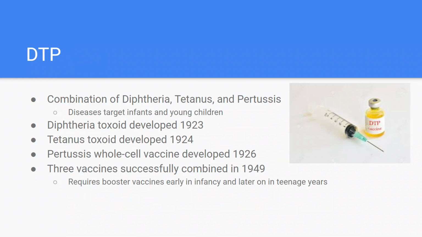Tetanus toxoid was developed in 1924, and then 2 years later, they finally developed a pertussis whole cell vaccine in 1926. However, these three vaccines would not be successfully combined until 1949, and they require booster vaccines early in infancy and one later on in the teenage years to ensure that you are totally protected against these three diseases.